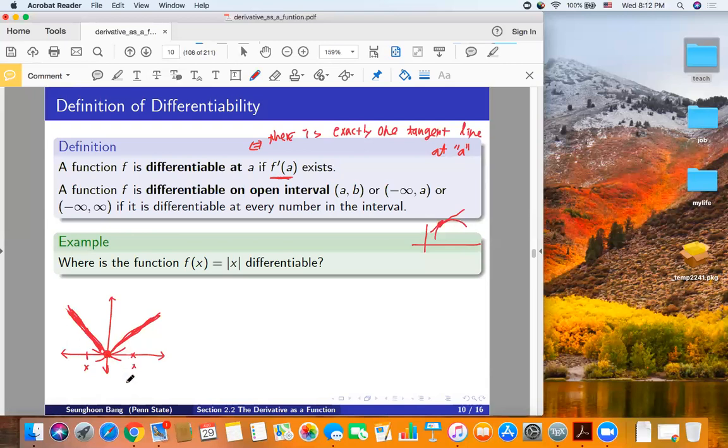This one is a tangent line. This one too. So what does it mean? We don't have exactly one tangent line. Here we have a corner, so we cannot draw a unique tangent line. We have infinitely many possibilities. This is not differentiable.